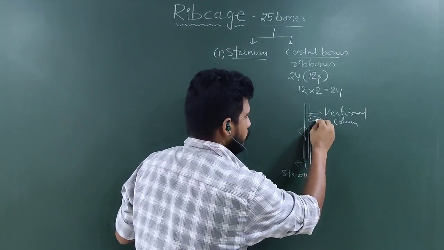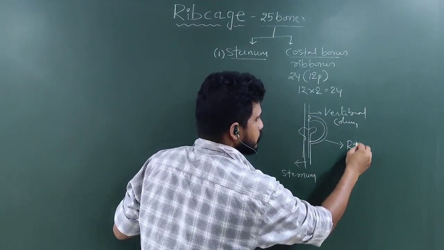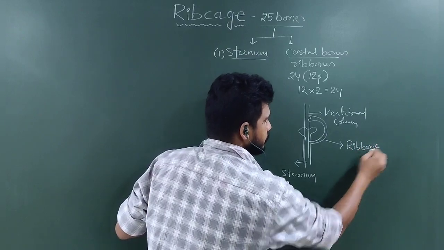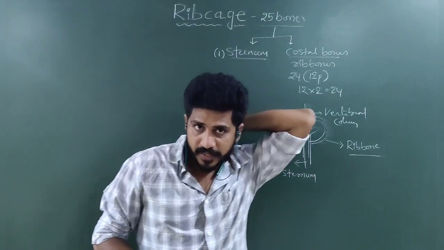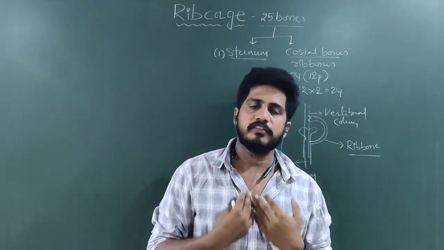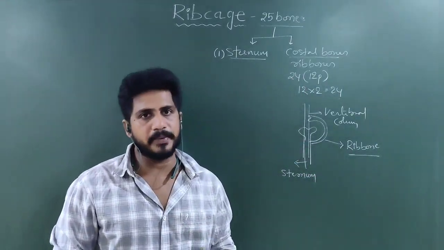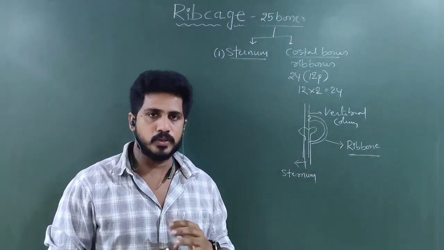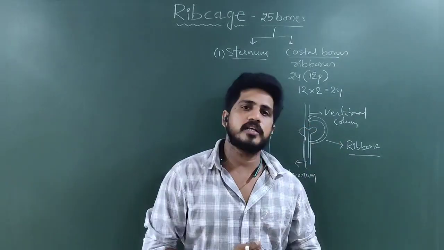So this is how the rib bone is situated. This is the ventral part. We should not say front and back. Terminology is very important; there are typical words in biology. We call this portion the ventral portion and this portion the dorsal portion.